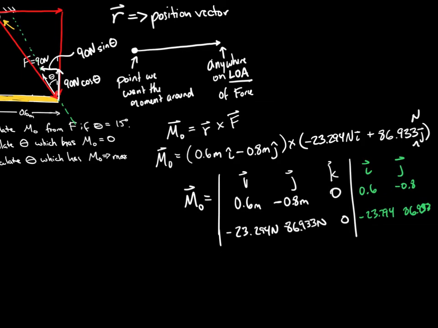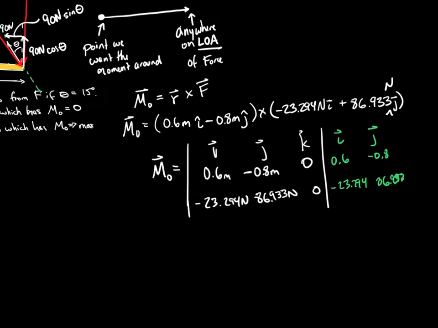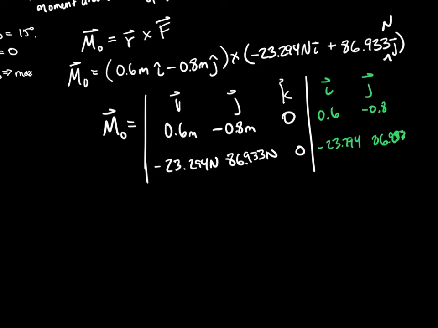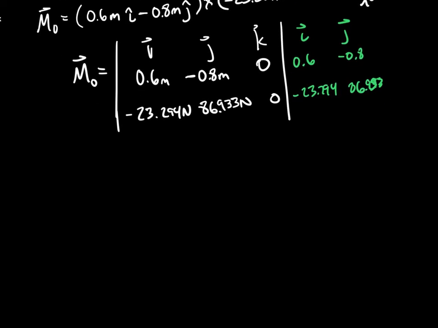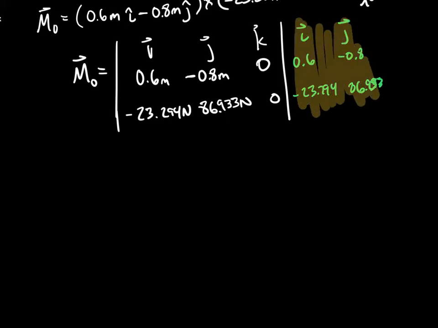So what you do with Cramer's rule, let me get where we have a little bit of space, maybe right in here, is we're going to ignore all that green business. Pretend that's not there. I'm highlighting it so you can still see it, but that's not what we're working on.